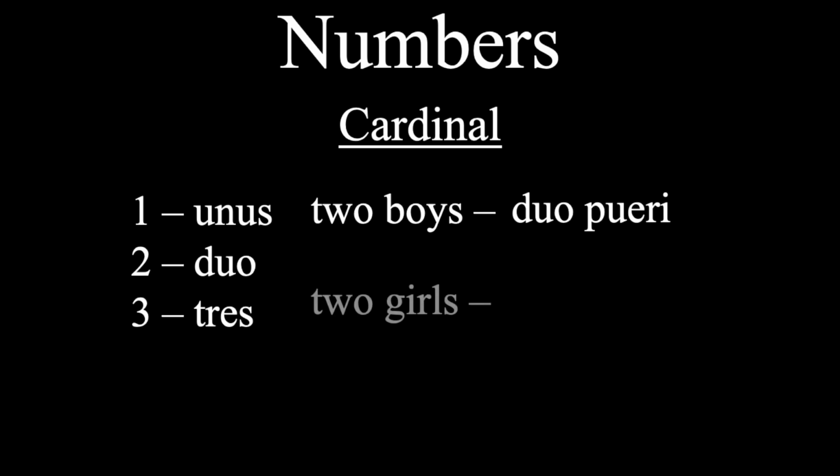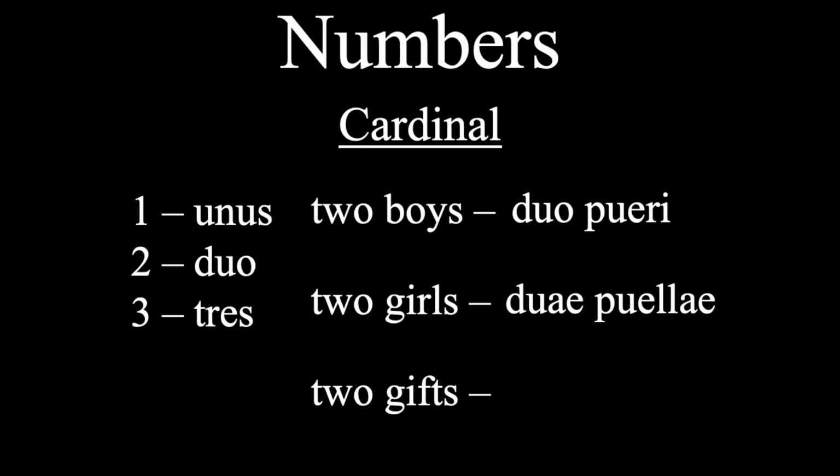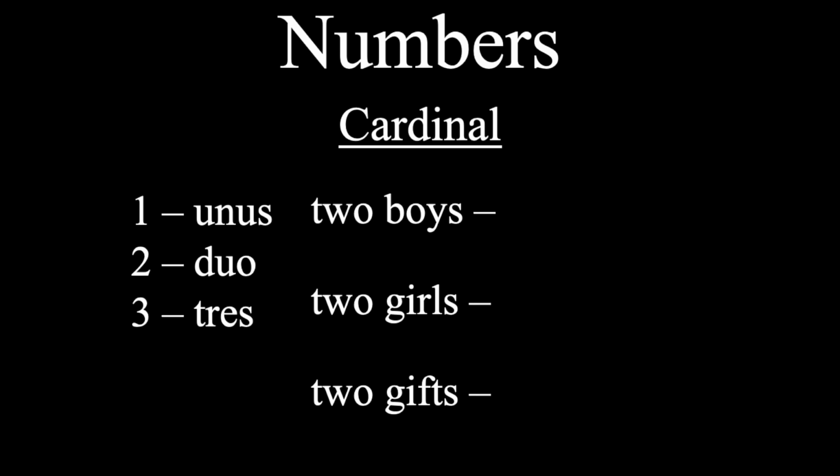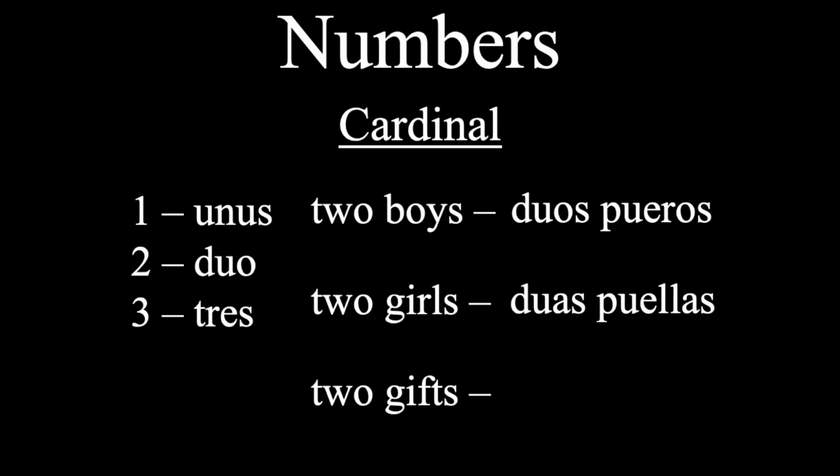If we said two girls, that would be duae puellae, and two gifts would be duo dona. And the accusative would be duos pueros, duas puellas, and duo dona again.